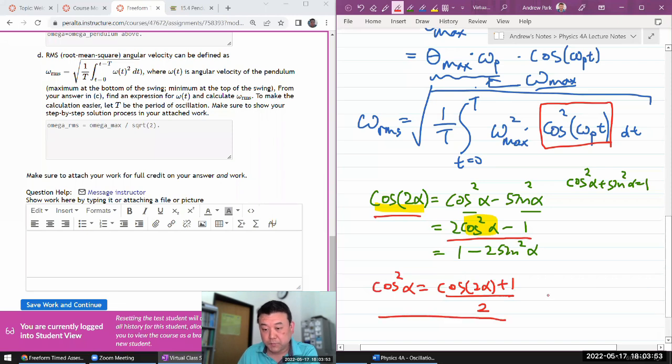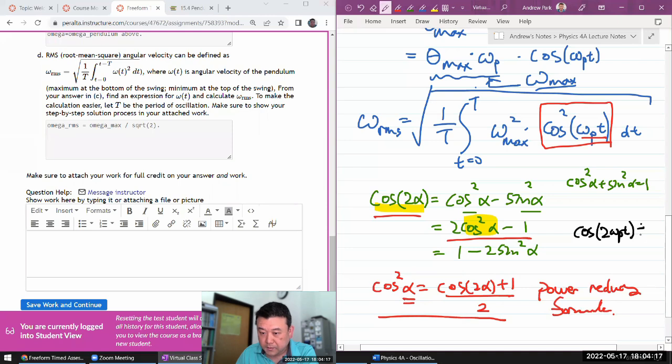So this power reducing formula is what I need to make the correct substitution here. Identifying alpha as omega pt, it's going to end up being cosine of 2 omega pt plus 1 over 2. So that's what I'm going to need to write. I'm just going to do an in place substitution.